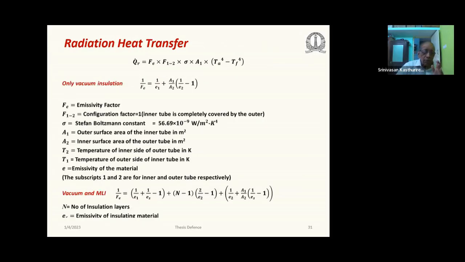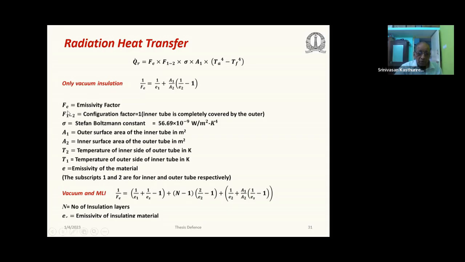So now let us start with the radiation heat transfer. Some of these formulas you might have seen already in the design of cryogenic systems. We are not doing anything different; we are using exactly the same formulas here. The radiation heat transfer depends on the temperature to the power 4 of the radiating and the receiving surfaces.